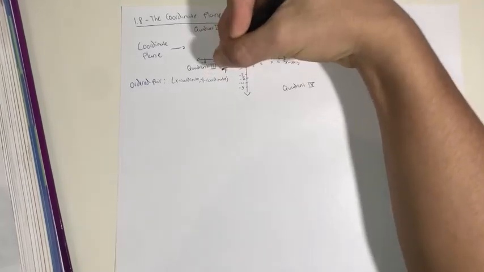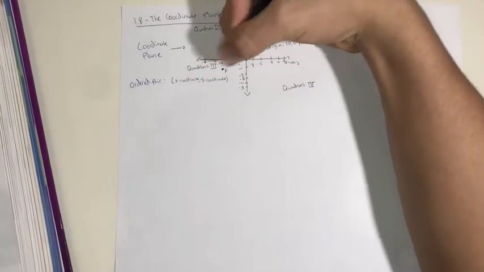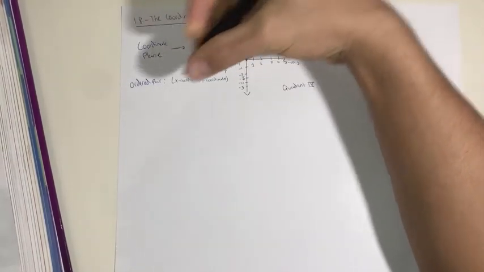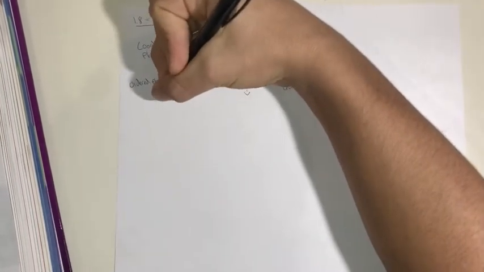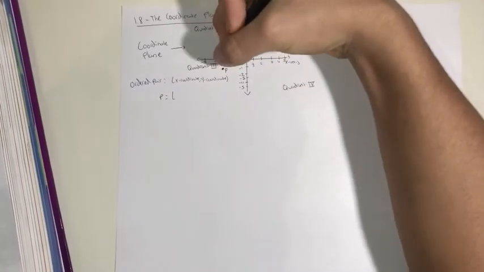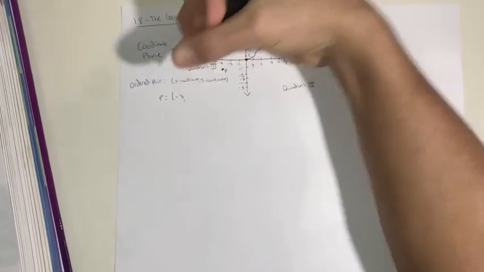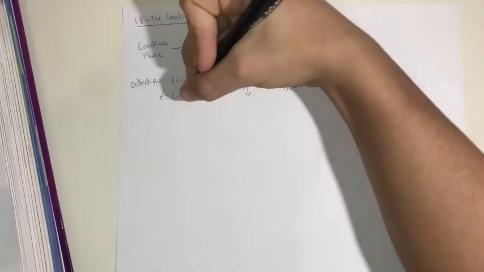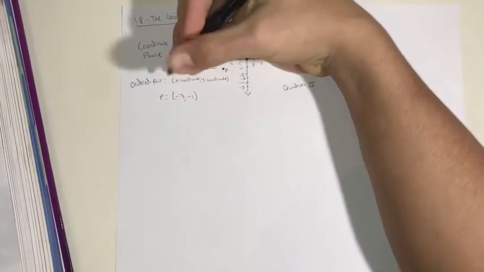So in this case, the x value of P would be -3. So P equals (-3, -1). The first number is the x-coordinate, and then the y-coordinate, -1. This is what an ordered pair is.